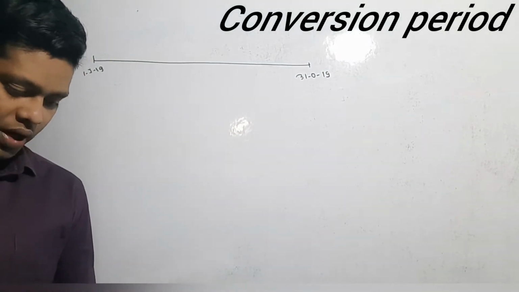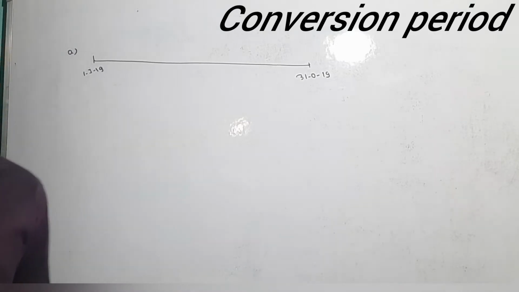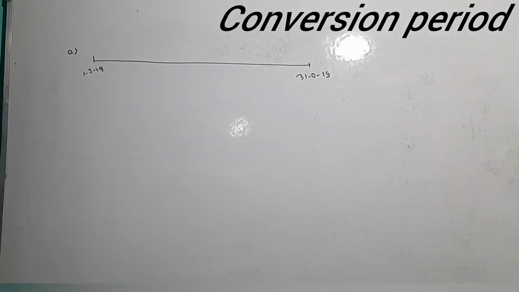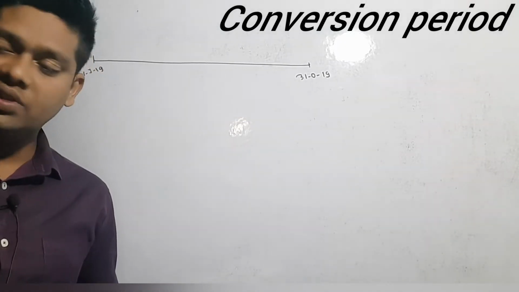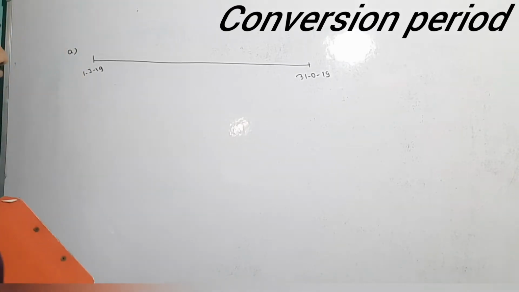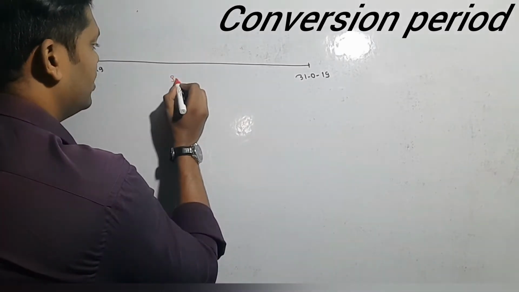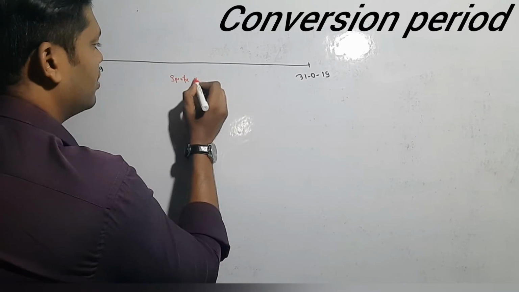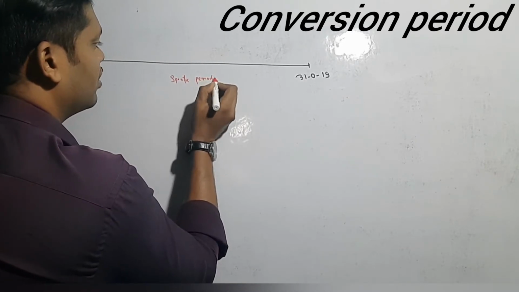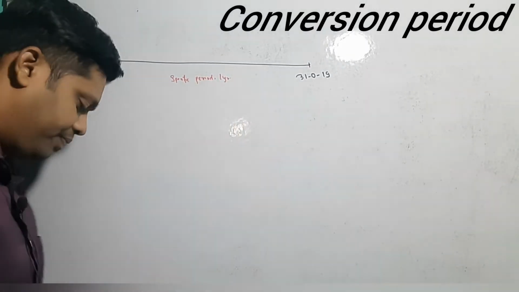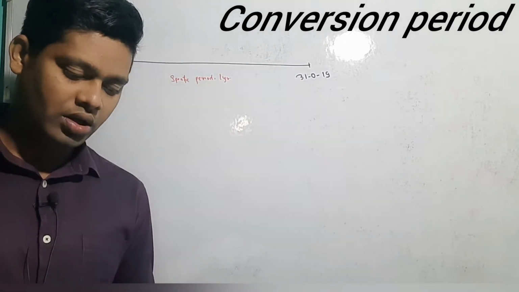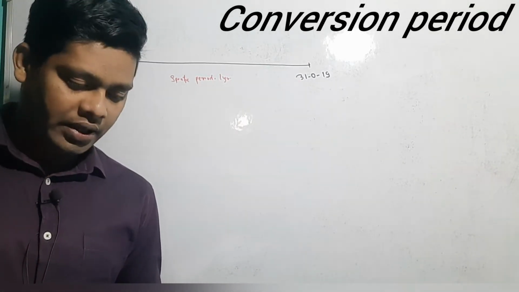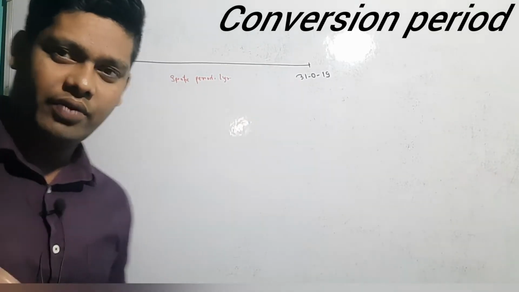If they say the period is a specific period, they are saying 1 year. Write this as specific period. Specific period is 1 year, and they are saying that the interest is being compounded annually.